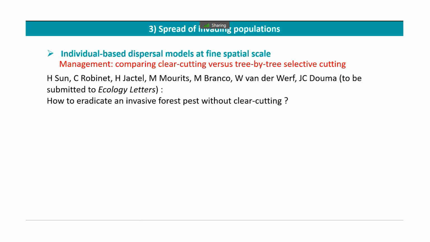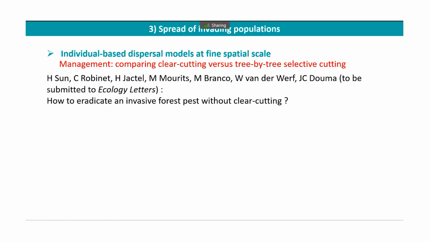So then we wondered: if clear cutting is not very efficient, what would be the solution? So still with our colleagues from Wageningen, but also Hervé Jactel and Manuela Branco from Portugal, and also with Anju Sanch, I think she's here today.